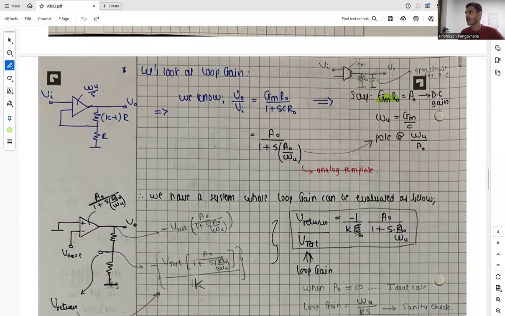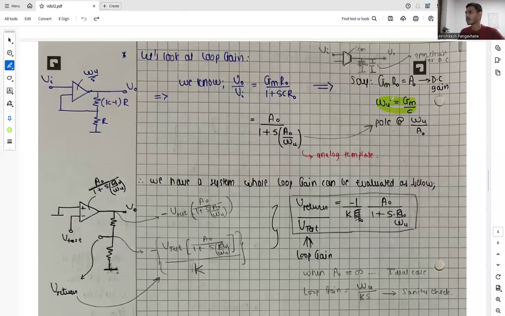So gm R naught is our DC gain, as our output voltage is nothing but gm R naught times Vn. We know omega u is gm by C, and our pole lies at omega u by A. So from this we can write the equation in our analog template, where our transfer function looks like A naught, meaning the gain, divided by 1 plus S times the pole, so this is our 1 by P.